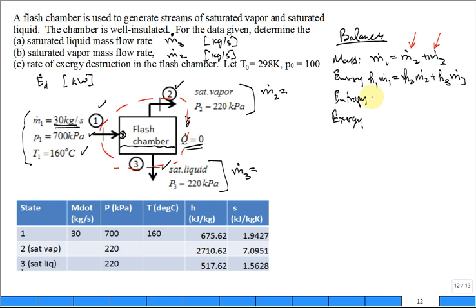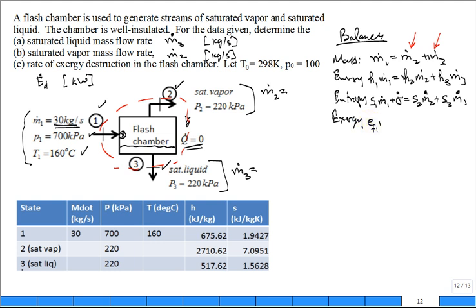What about the entropy balance? S1 M dot 1 plus sigma dot equal to S2 M dot 2 plus S3 M dot 3. The sigma dot is a gain, so I put it over there with the 1 coming in, into the control volume. How about for exergy?